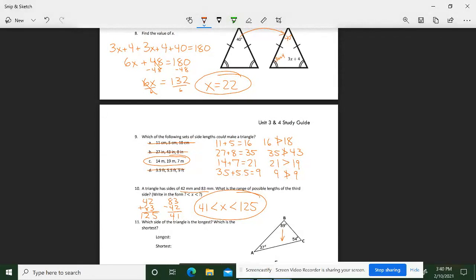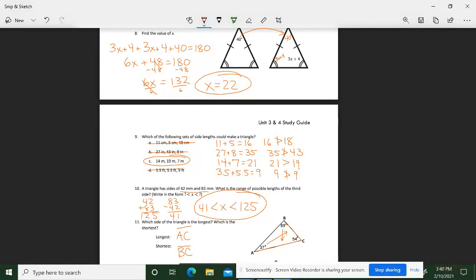So the side that is opposite from the 89-degree angle, the biggest angle, is side AC. So AC has to be the longest side of the triangle. Your shortest side is always going to be opposite or across from the smallest angle, which here is the 37. So the side that's across from the smallest angle is BC.